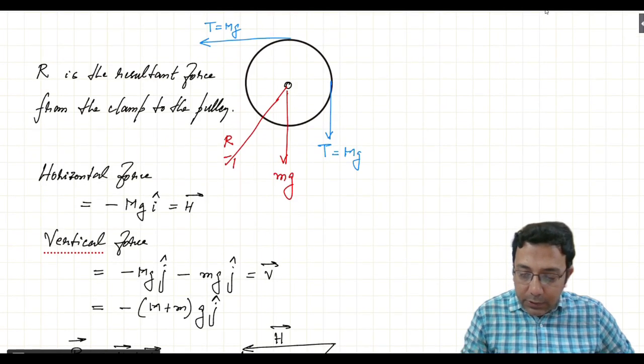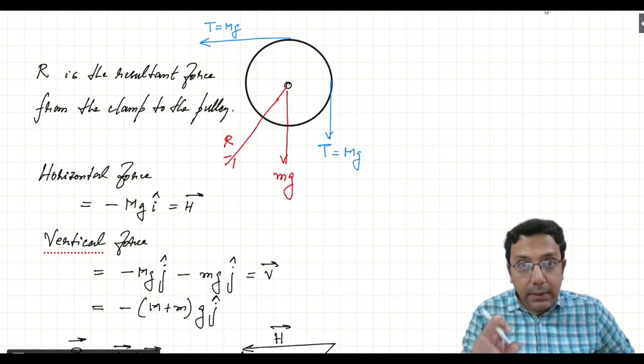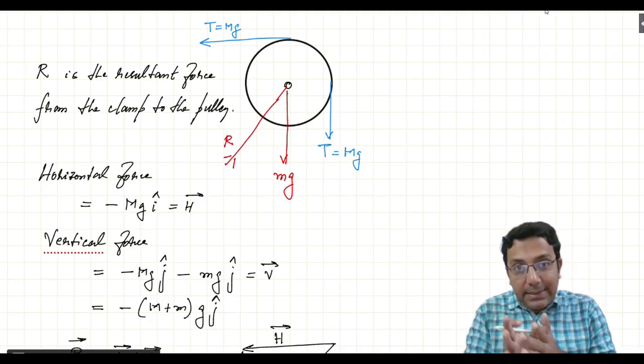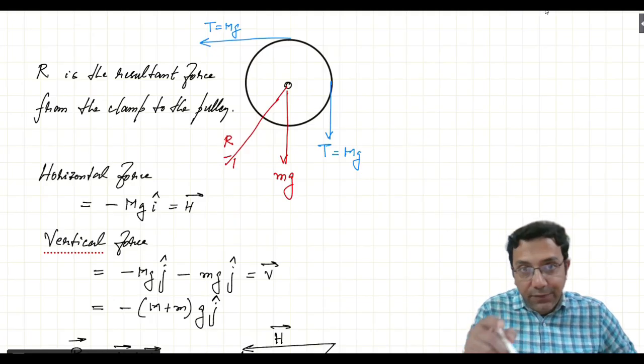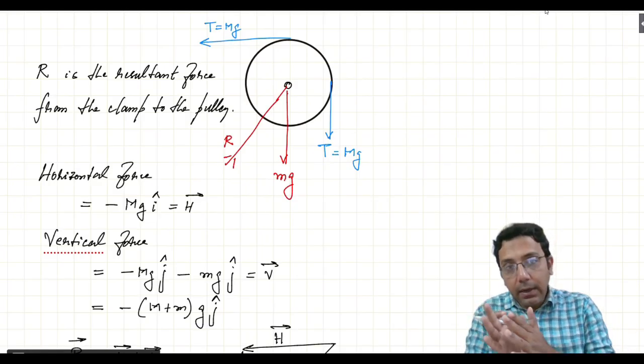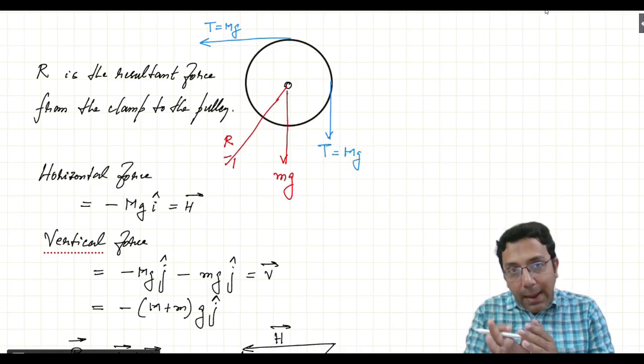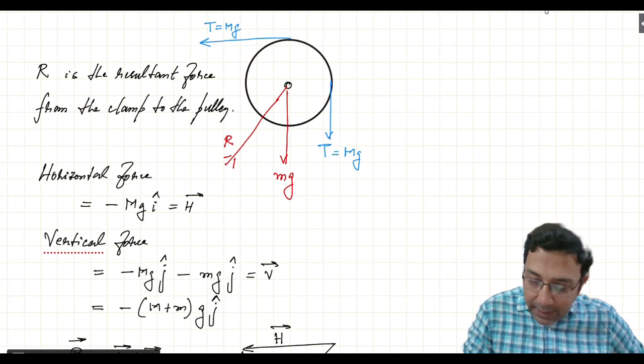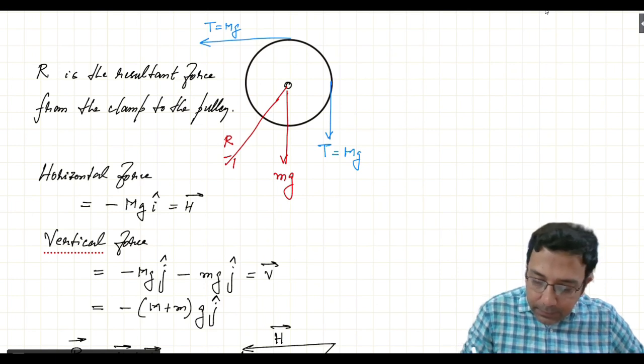One thing we should note is the direction of R that we have given is actually the action. What I showed here is that R is from the clamp to the pulley, acting from the clamp. But if you draw the free body diagram of the pulley alone, this direction will be different.